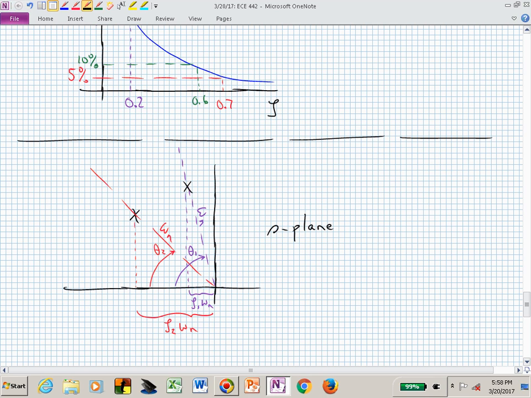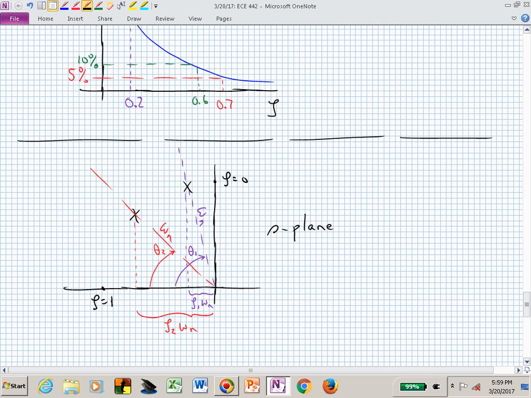Right on the imaginary axis, the vertical axis, is when zeta is equal to 0. When zeta is equal to 1, it's all the way down and you have real values. So here, if you were up here, this would be zeta equals 0, and if you were down here, this would be zeta equals 1, and they swing around.